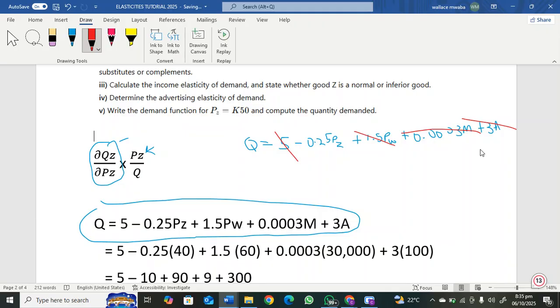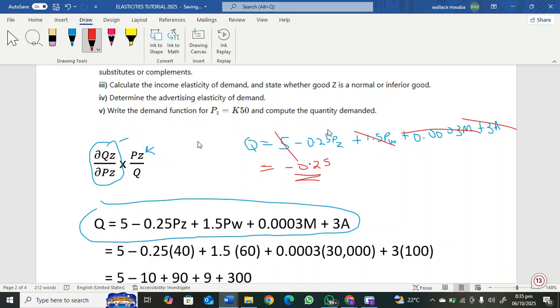And as I said, the trick here is when you're deriving, just remove this PZ, and this is your answer here, negative 0.25. When you derive this demand function, you find which term has the PZ.